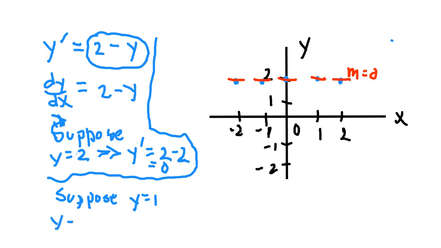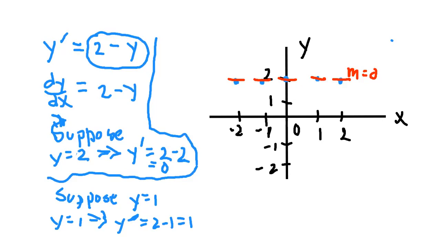Well, y equals 1 implies that y prime would equal 2 minus 1, and that's 1, right?